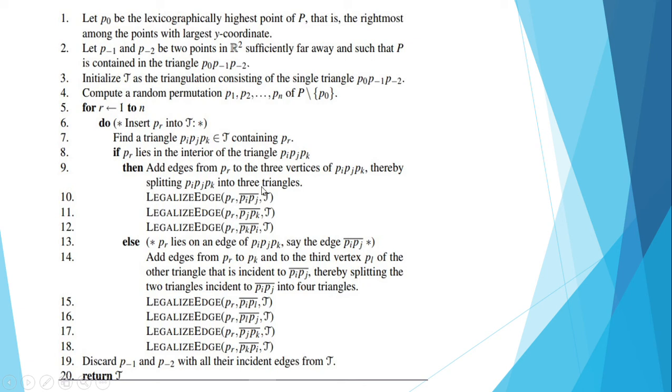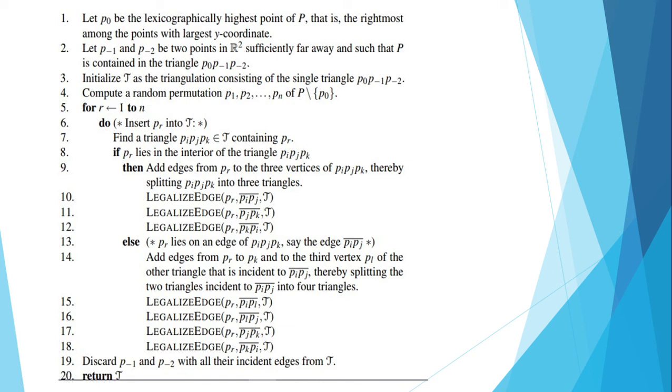This is similar to the legal triangulation algorithm we saw before, proving using that lemma. After the triangle is split into three triangles, we are checking each edge PiPj, PjPk, PkPi to be legal or not.